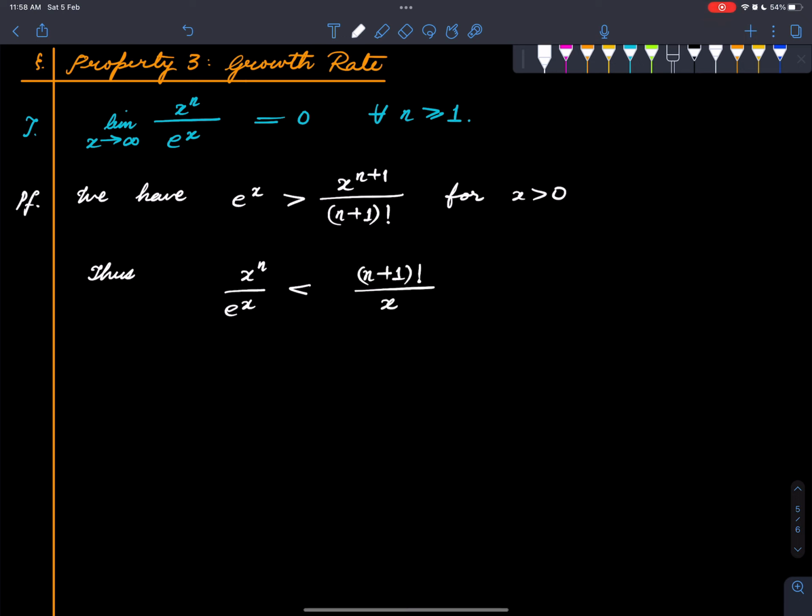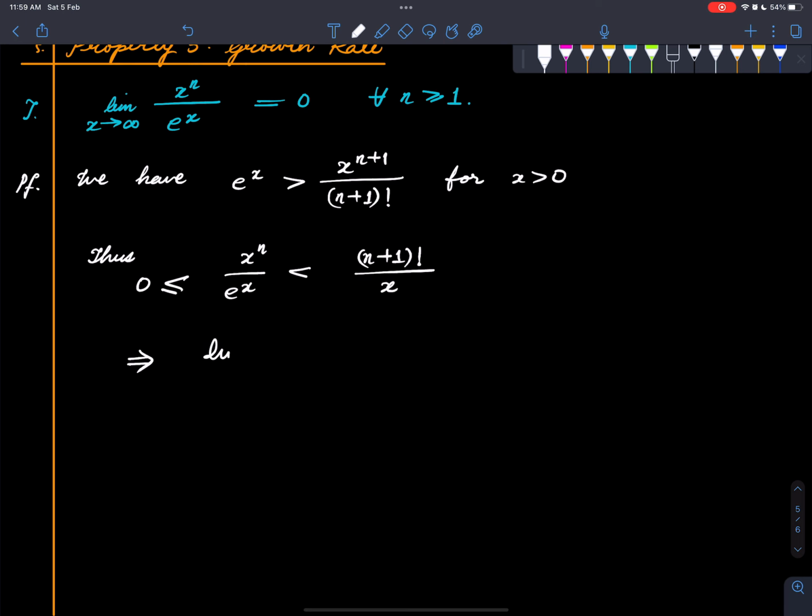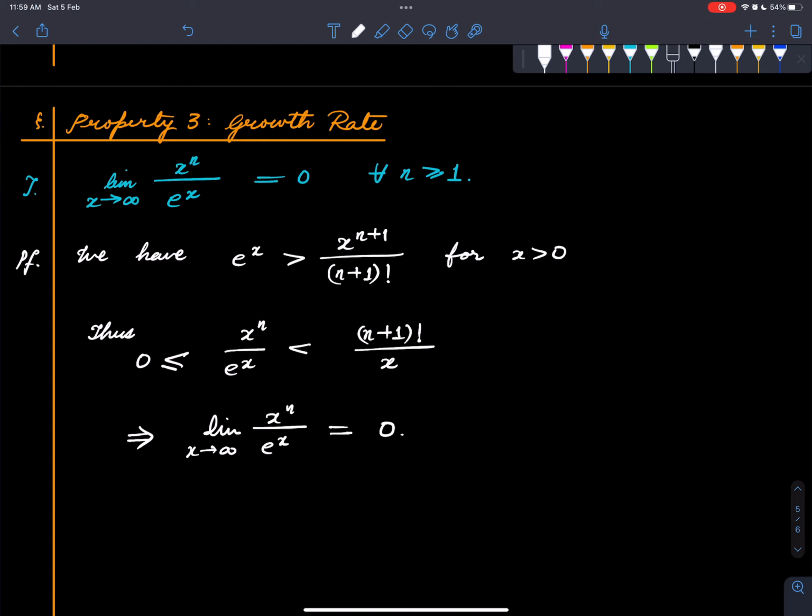And now if you take the limit x going to infinity, this is of course non-negative, so by the sandwich theorem, or whatever you want to call it, this is 0. So the growth rate is very fast. Great. Exponential growth rate. This is a very standard function to compare others with.